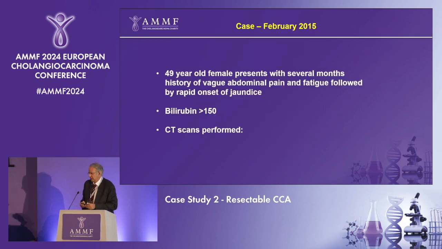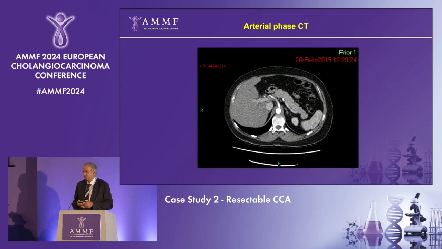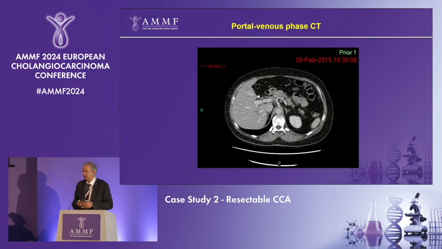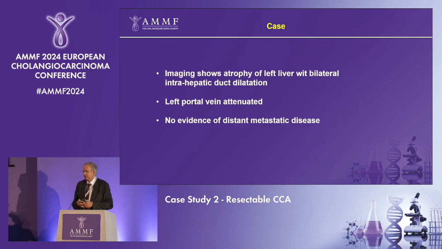So anyway, this is a lady who presented jaundiced. She initially had some vague symptoms for a few months, and then became jaundiced, very jaundiced in fact, and had a CT scan which shows this. I'm going to try and run through that there.